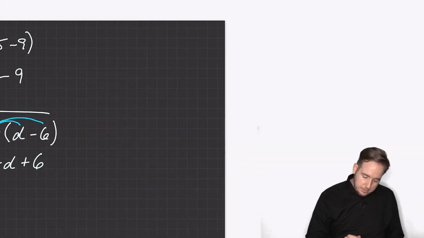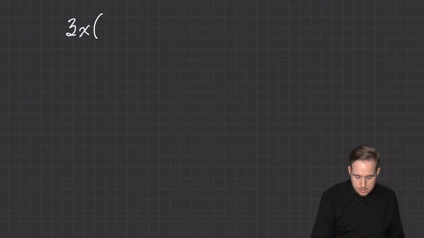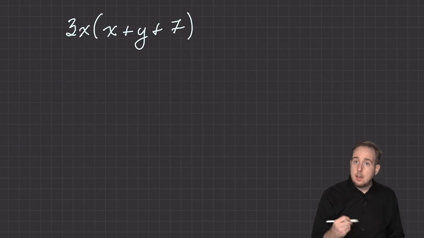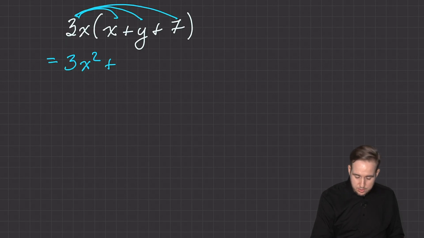So how about if I try 3x times (x plus y plus 7). Okay, now the same thing is true, and now I have 3 lines. So now I have 3 times x, this is 3, and x times x is x squared, plus 3x times y, so that's just 3, and I just add in the letters.